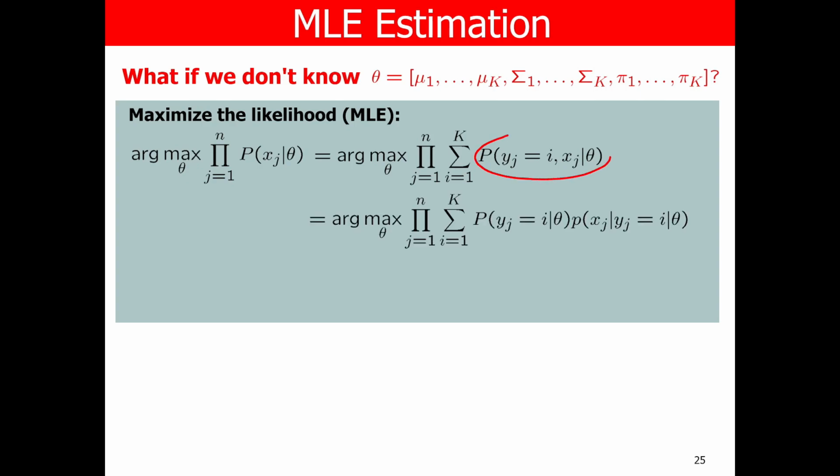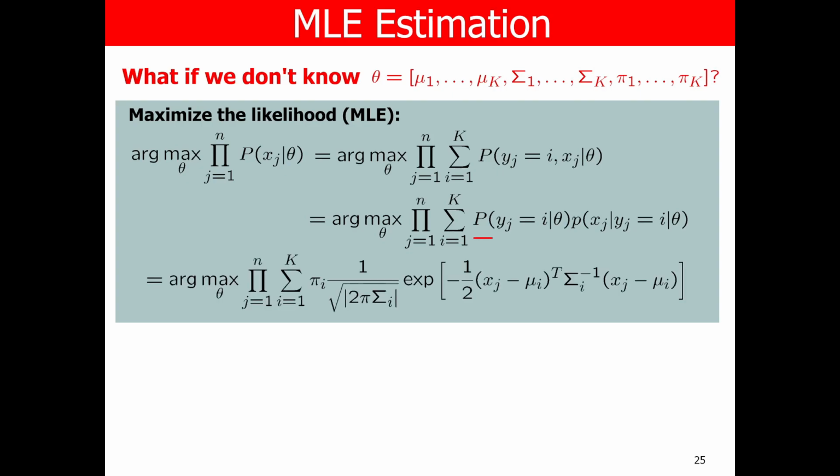Since the joint distribution of y and x, p(y, x), is just p(y) multiplied by p(x given y), we can rewrite this expression to this form, which is great since here we know all the terms. The first term is just pi i by definition, and the second term is just the density of a Gaussian distribution with mean parameter mu i and covariance sigma i at a location xj. This is what we need to maximize in theta.